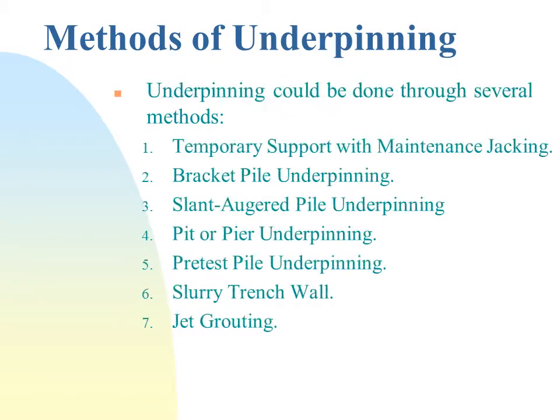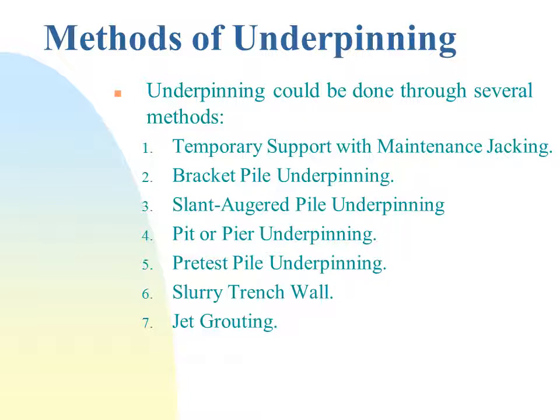So we have 7 different methods of underpinning that we'll be discussing today. To make a long story short, the first five are actually local methods concerned with localized problems within specific footings or pile caps.